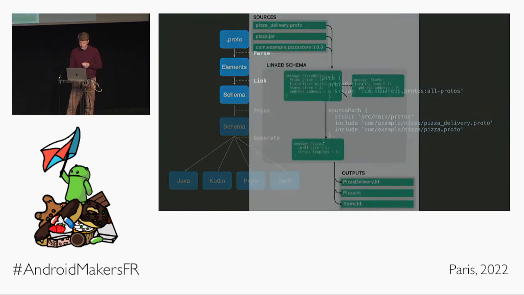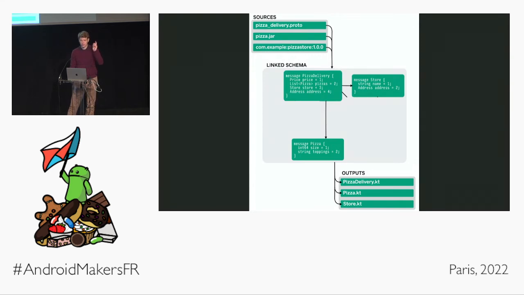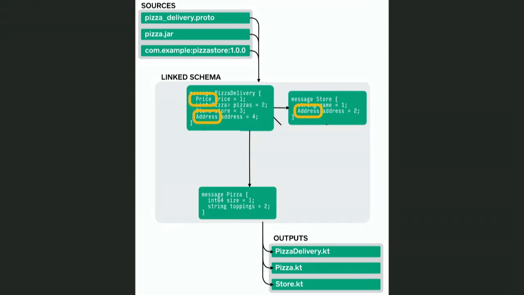And as a good example, at the top we have the proto source, some pizza stuff, and in the middle, when we try to resolve everything, you can see that we have 2 types, price and address, which are nowhere to be found. And so Wire will complain that it cannot find them.